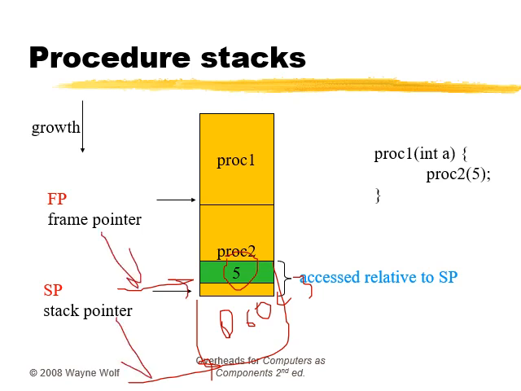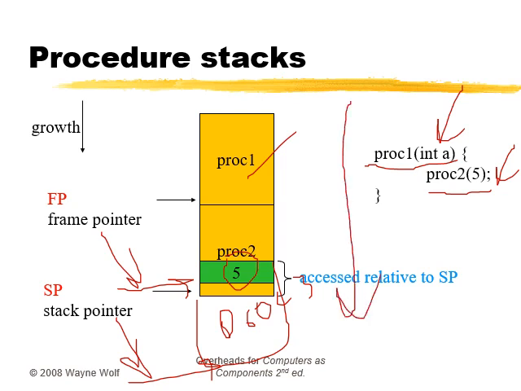Both of them will be modified, because initially we had procedure 1 and inside it procedure 2. Now our stack pointer is here and frame pointer is here, and these procedure stacks are built to grow downward.